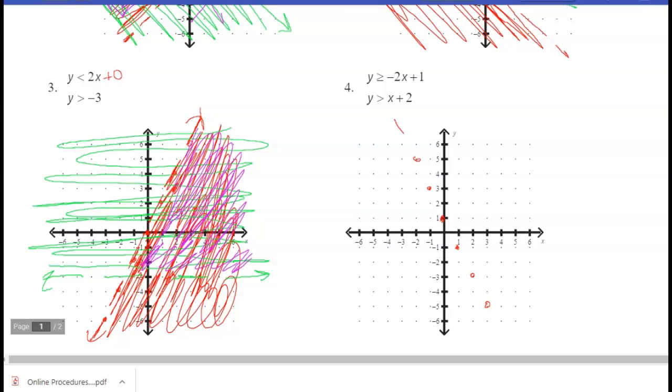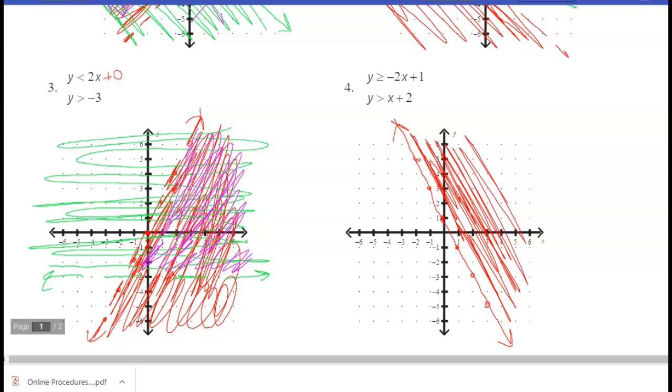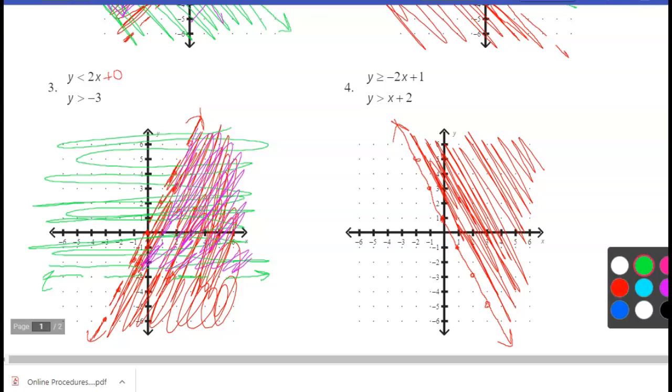And then make it a solid line. And we have a solution with things that are greater. So we shade over here. And we took care of the equal to by making it a solid line. And then one more today.